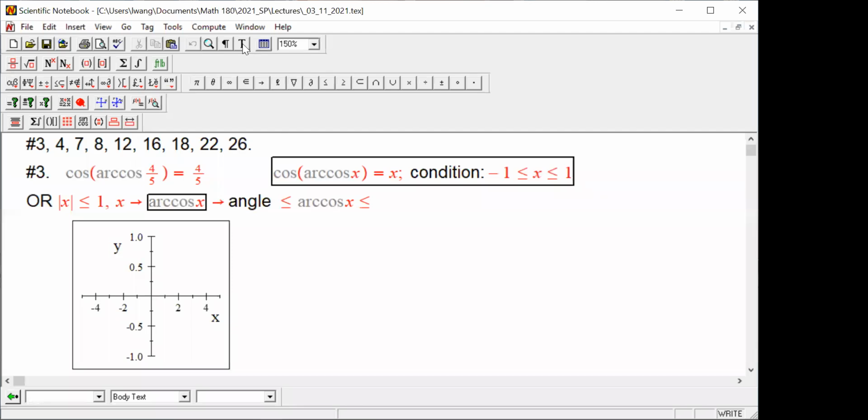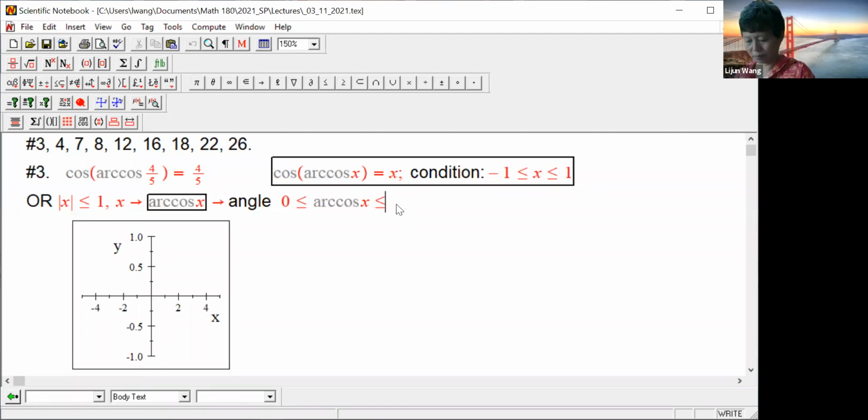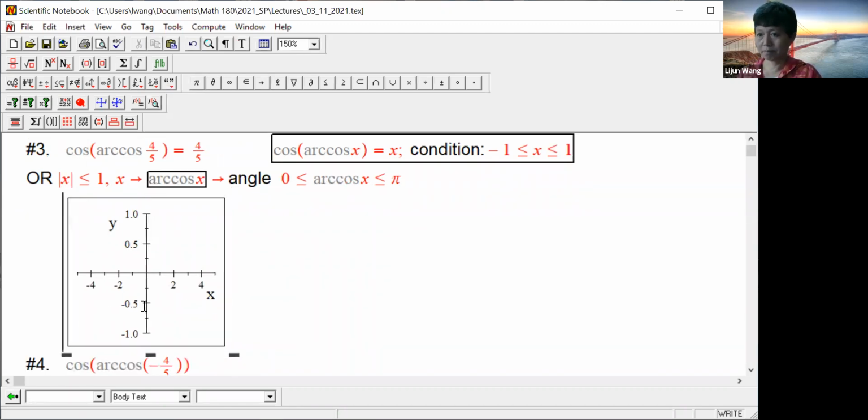That's right. What is 0 to pi? First quadrant, second quadrant, measured counterclockwise, right? That's what it is.